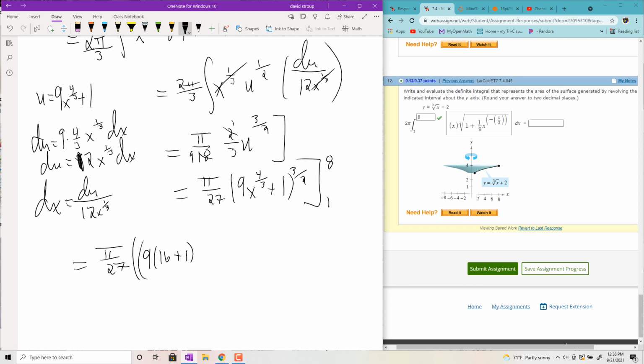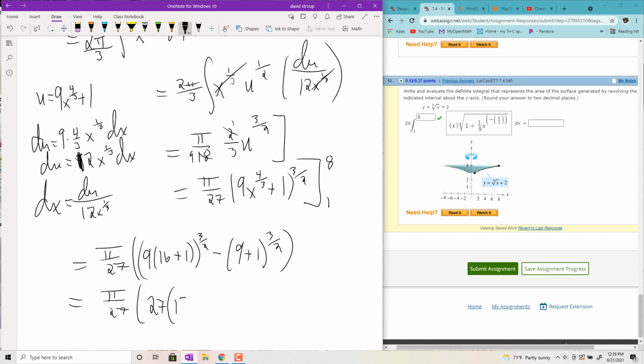That's 1 to the 3/2, and then minus 9 plus 1 to the 3/2, and then that would be pi over 27 times 9 to the 3/2 is 27.